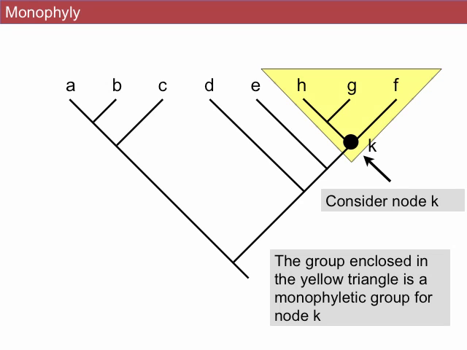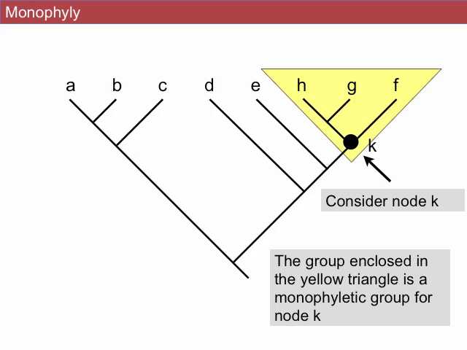Text definitions may be painful, so I'm going to show you what it looks like on a tree. Taking this model tree, I've just rotated some of the branches, but it's the same tree. Consider node K in this tree.